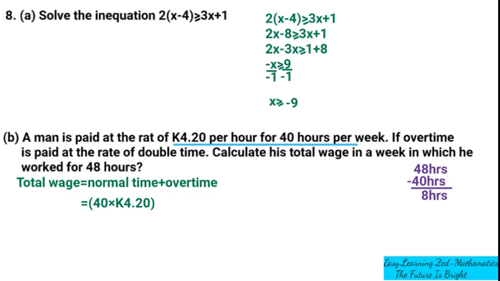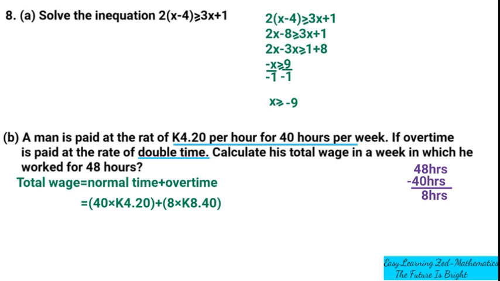So he worked overtime of 8 hours, and we are told that if you work an hour extra, you get double of what the normal rate is. Meaning he worked 8 hours, so we're going to multiply 8 hours by 4.2 kwacha times 2, which is 8.4. So we're going to multiply 8 times 8.40 kwacha.